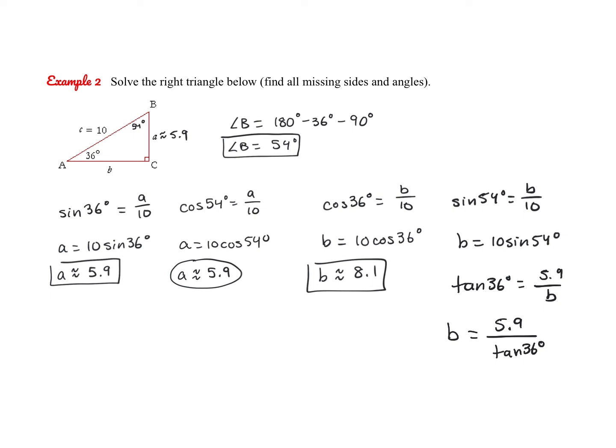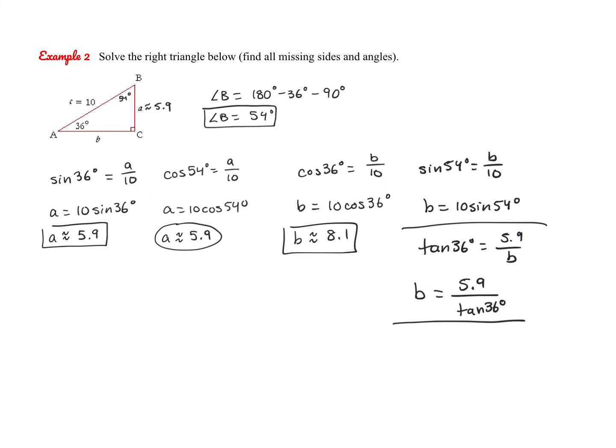Or if you wanted yet another way to find side length B, you could say the tangent of 54 degrees, so now we're using this angle, would be B over 5.9. So B is 5.9 times the tangent of 54 degrees. In all of these scenarios, you would get about this same answer of roughly 8.1.